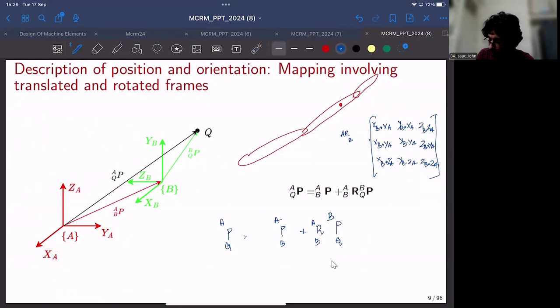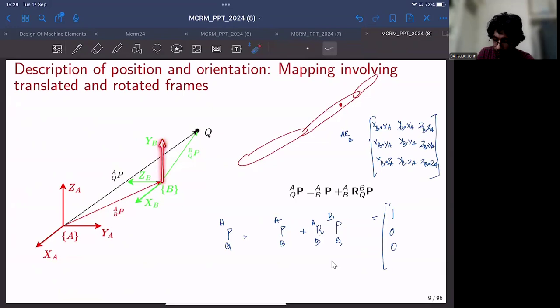From this figure, as an example, XB dot XA: XB and XA are along the same direction, so it's 1. Since XB is orthogonal to YA and ZA, their dot products would be 0, so the first column will be 1, 0, 0. Now we move on to the second column.